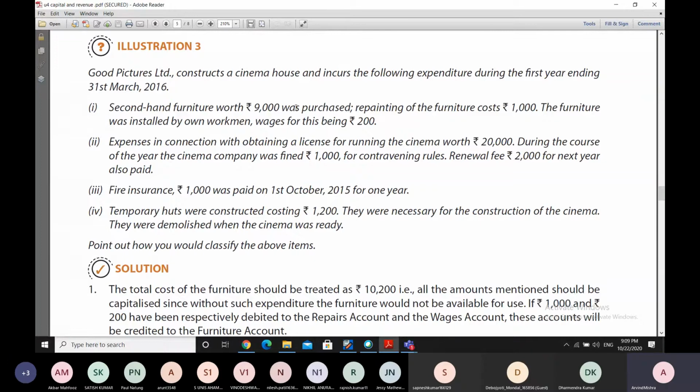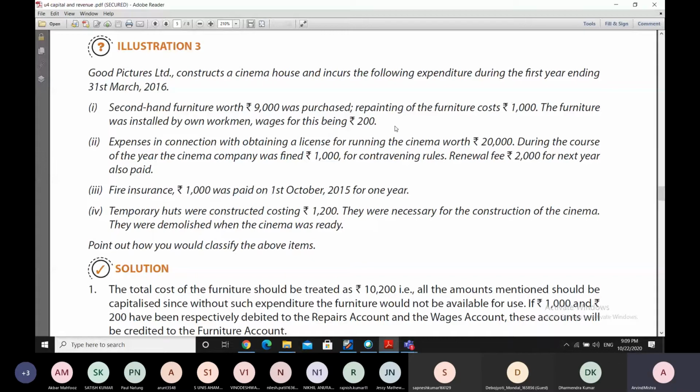So therefore this all is capital expenditure. The total cost of the furniture is 10,200, 9,000 plus 1,000 plus 200. And therefore all these three amounts are being capitalized here. Because without this expenditure, the furniture could not be used by the business.